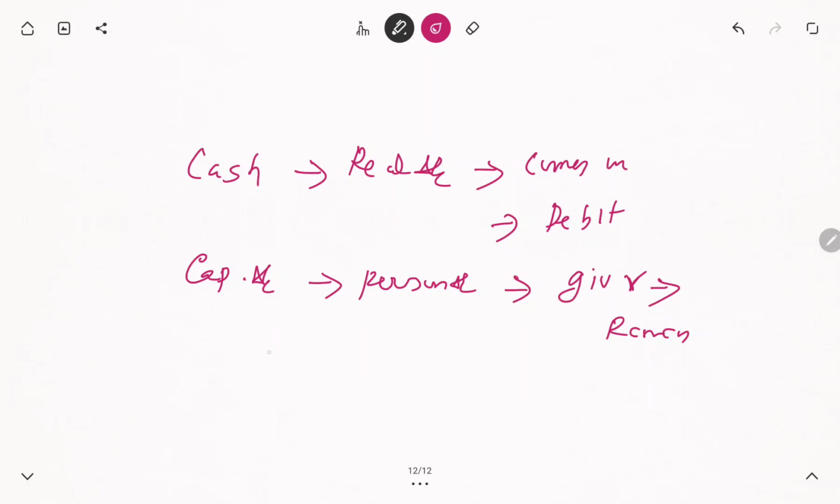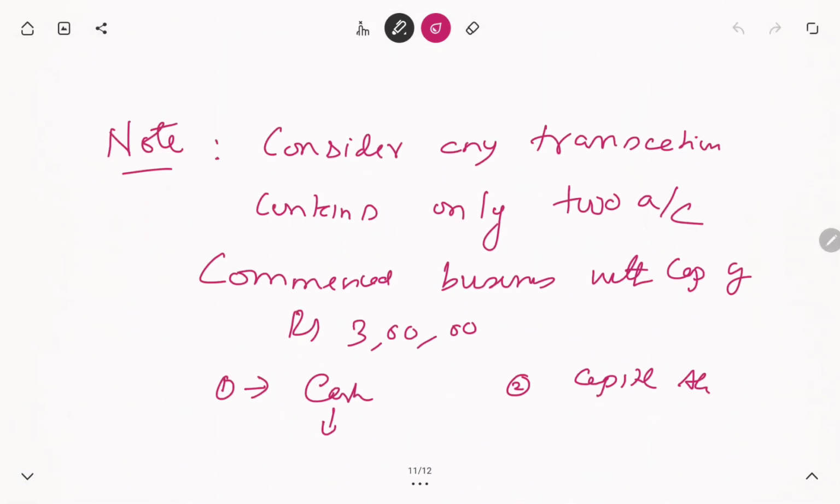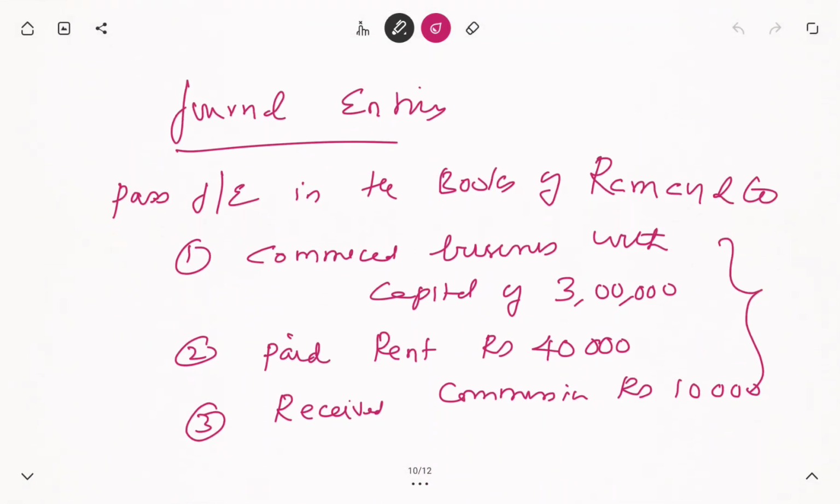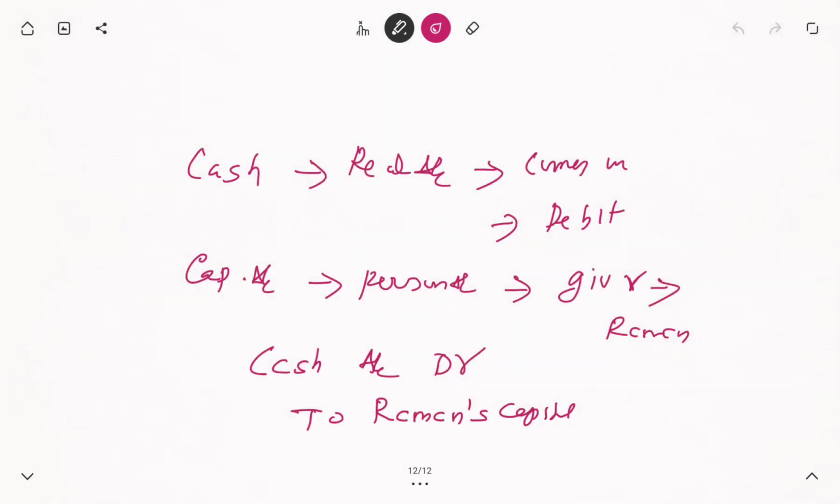Normally writing a journal entry, you write debit first. Cash account debit, to Raman's capital account. Then what is the amount given here? 3 lakhs. That's very important. So on both sides you put 3 lakhs.